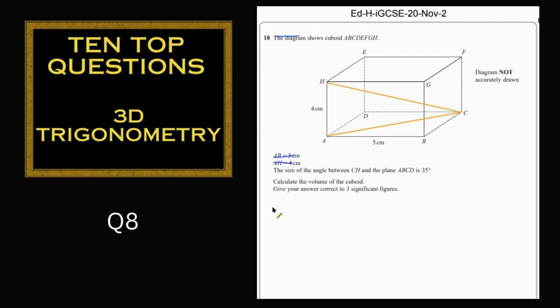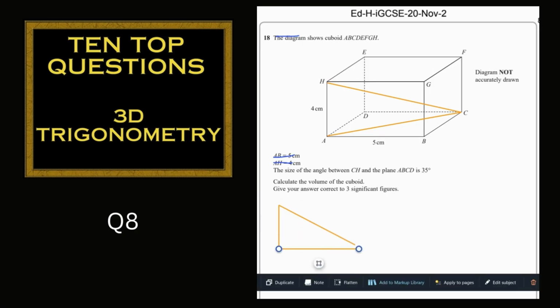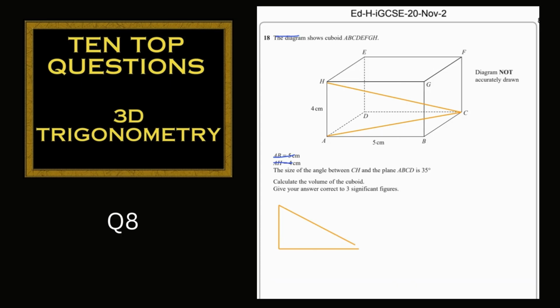That's our triangle, well worth a redraw. I know it doesn't meet, no one cares. It doesn't have to be good or accurate, as long as my labels are good, that's 4.